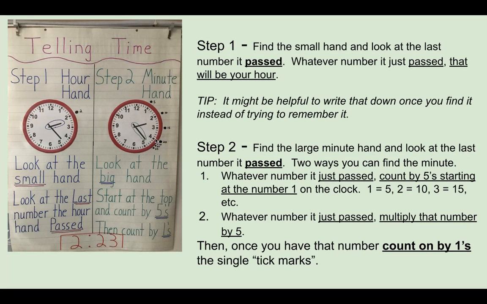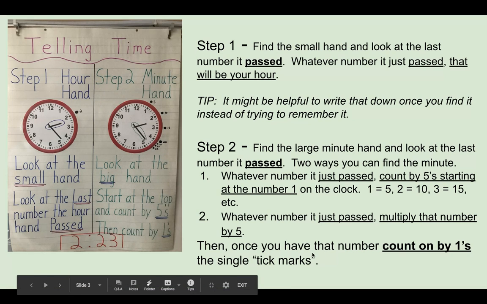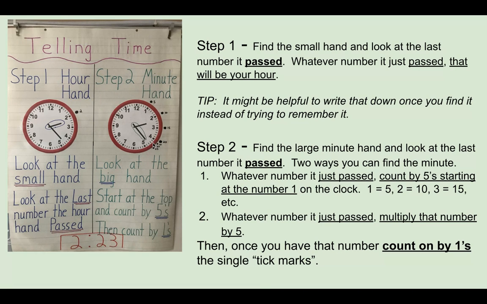So once we've identified that this number right here, this 4, actually means 20 in time, we just count by 1s on the single tick marks. So we see these little tiny tick marks, and this line is pointing to this tick mark right here.